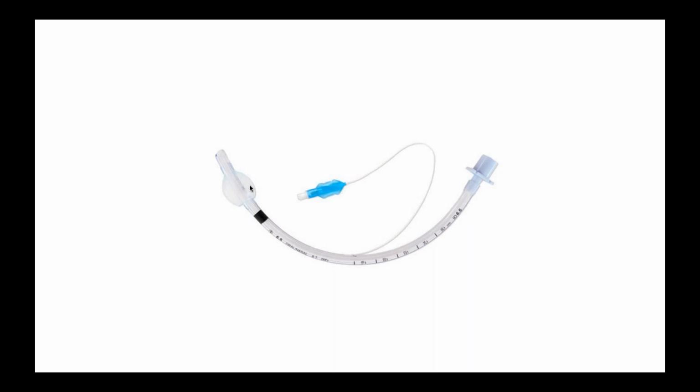So this is the tube which we usually use in children less than 8 years of age, and this black part is called the vocal cord guide, and this tube is a curved structure. It has a bevel which usually faces towards the left, and this one is the cuffed endotracheal tube, usually used in children beyond 8 years of age.